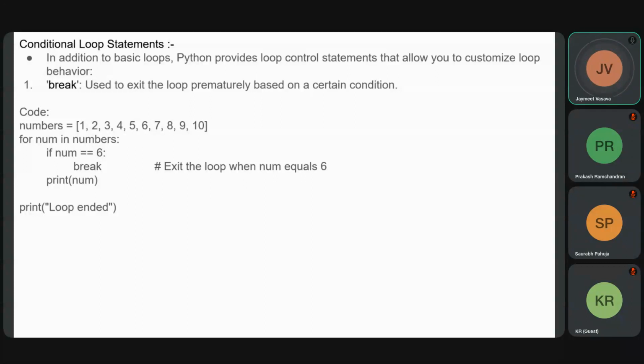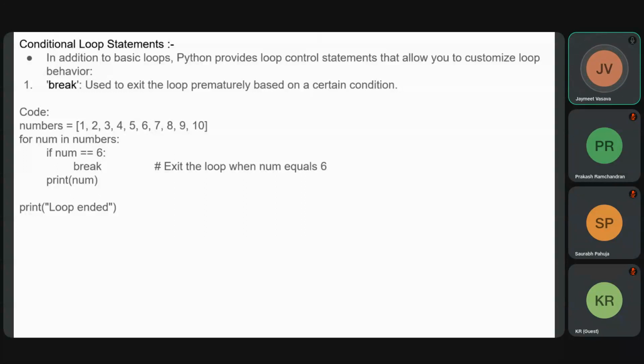Starting with the break statement, used to exit the loop prematurely based on a certain condition. So we have used a list of numbers from 1 to 10, then using the for loop and giving the for loop a condition within it: if num equals 6, break, and then print num.